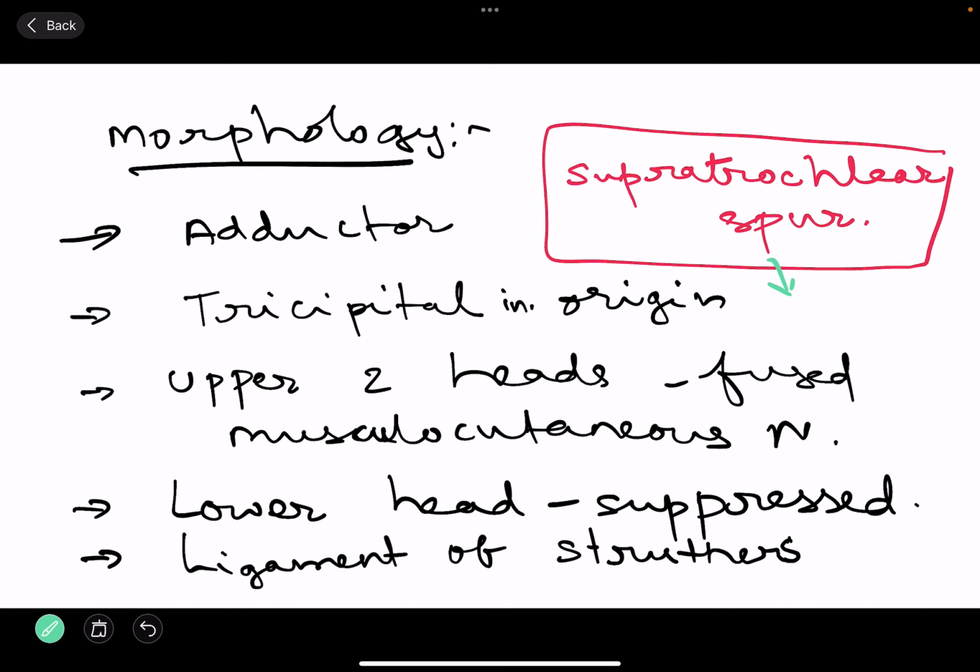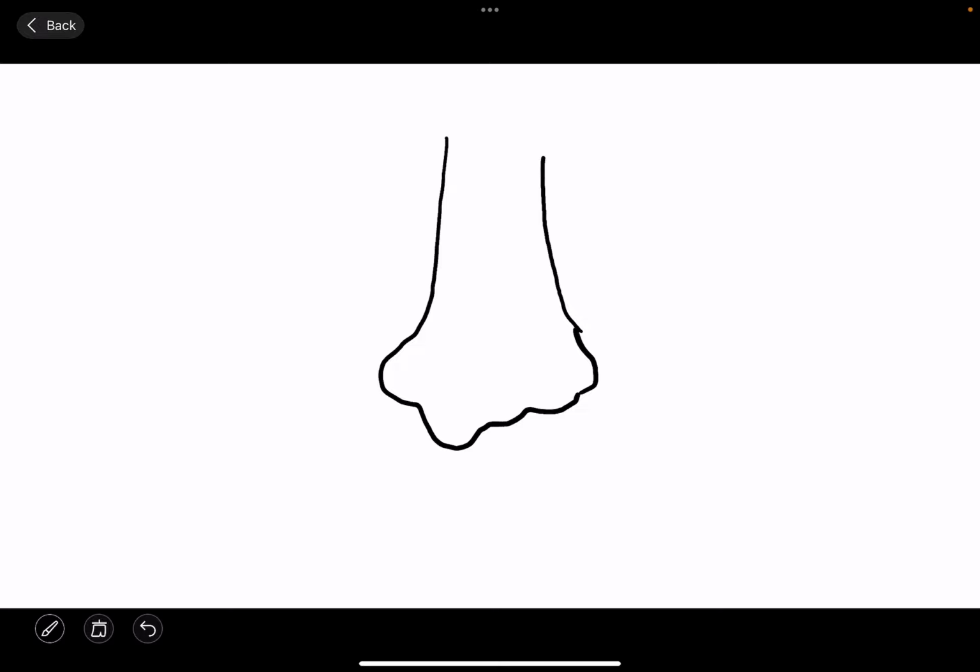If I just draw the lower end of the humerus, let me show you. So the lower part of the humerus, the medial epicondyle, the medial flange, the lateral flange, the capitulum, the lateral epicondyle.